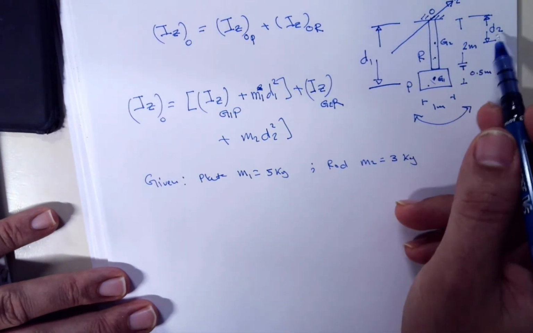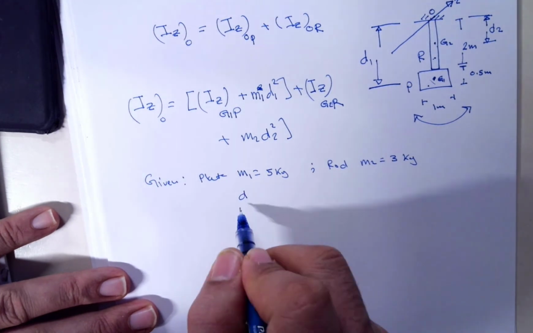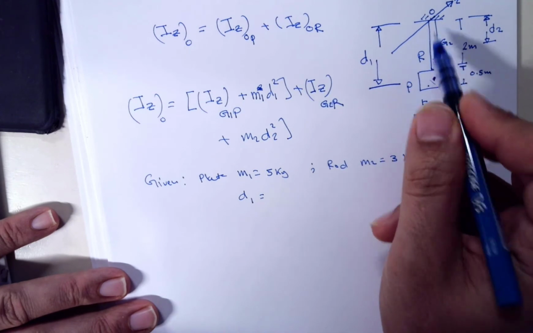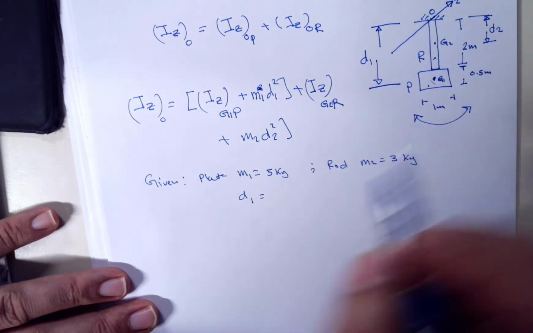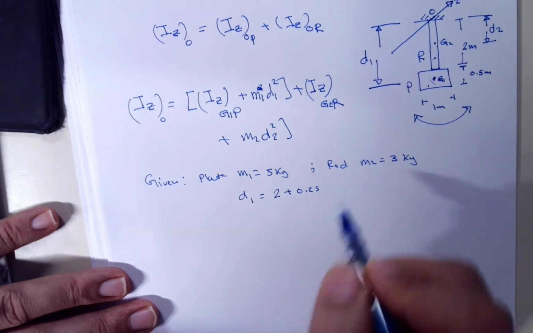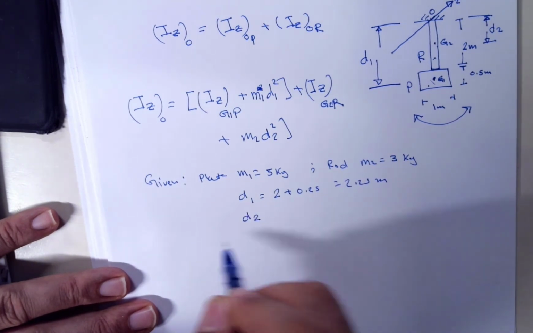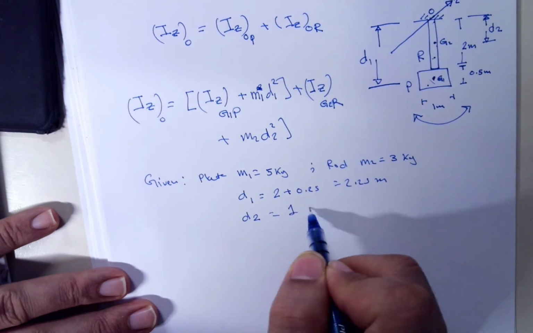L1 is given as 2. D1 is measuring the distance from this centroid to here, so this is 2 plus 0.25, 2.25 meters, and D2 is simply this distance, so it is 1 meter.